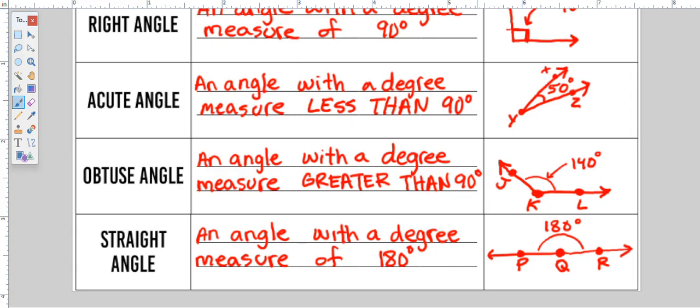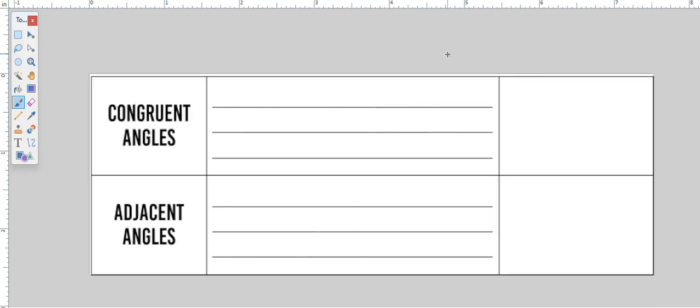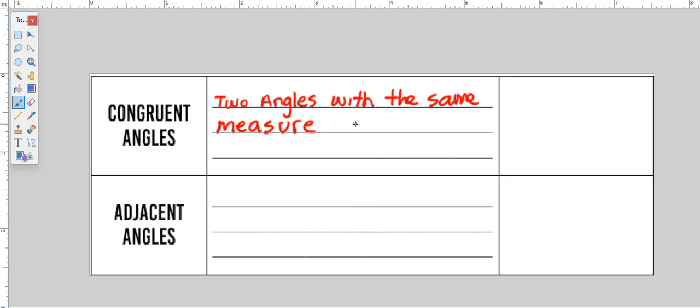While we're still talking about angles, we're going to talk about congruent angles. Those are angles with the same measure. Two angles with the same measure are congruent angles. And so it makes them congruent.